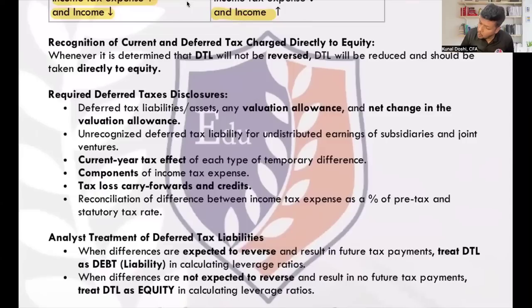But what about DTL? DTL is a liability, right? If the liability does not reverse, good thing or bad thing? DTL means you had to pay more taxes in the future. If the liability will not reverse, is this a good thing or a bad thing? Well, if the liability is not going to reverse, it's a good thing, right? You will not have to pay anymore.